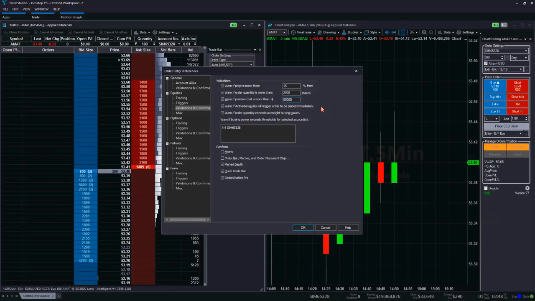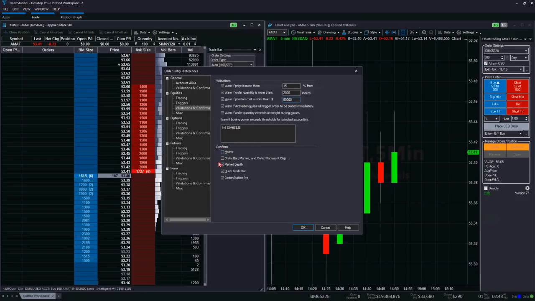And sometimes that is a way of protecting you from making an error. Now the validations you can turn off if you want. Sometimes if you trade large quantities, having this warning come up every single time can be annoying. So you can come here and disable the validation, or you can just bump up the numbers here and make them larger, so it won't warn you as many times as you trade.